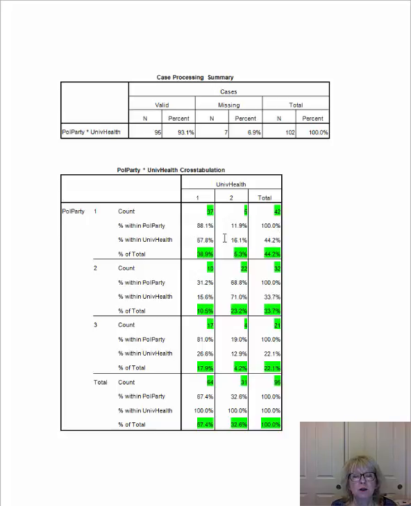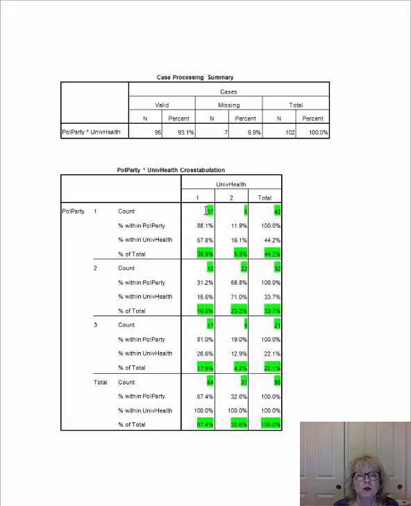The next number is the percent within a column. So of those who favor health care, 57.8% are Democrats, 15.6 are Republicans, and 26.6 are others. And the total is 100%. The last number here is the percent of the total.